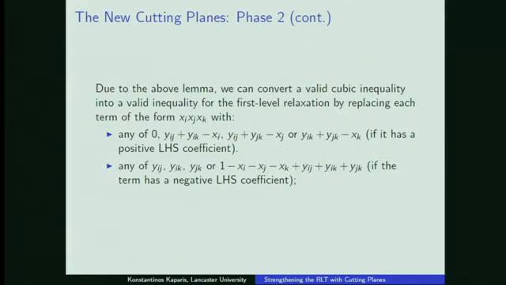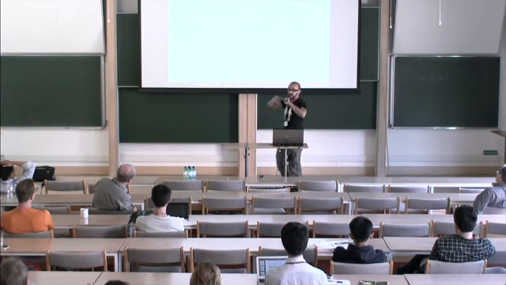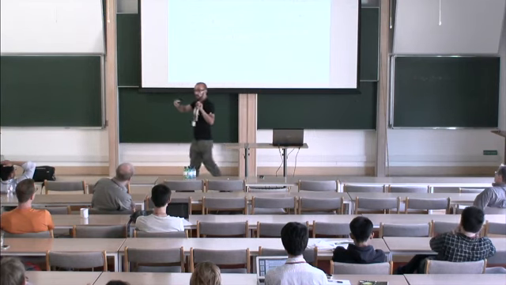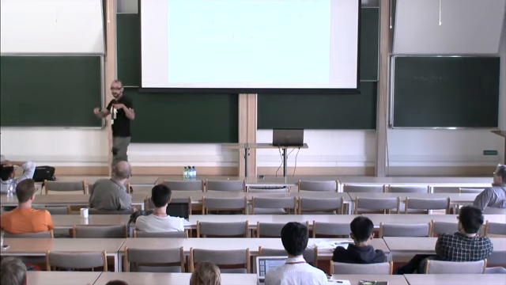On the other hand, if we have a negative coefficient, we can substitute every cubic term with one of the following terms and still have a valid inequality. We make the cut weaker still, but this is still valid for the first level RLT. Observe also that in this way, from a single cubic inequality we are able to derive an exponential number of valid inequalities for the first level RLT.